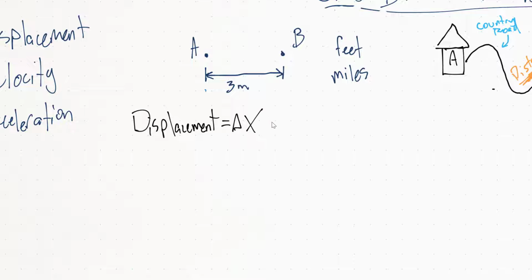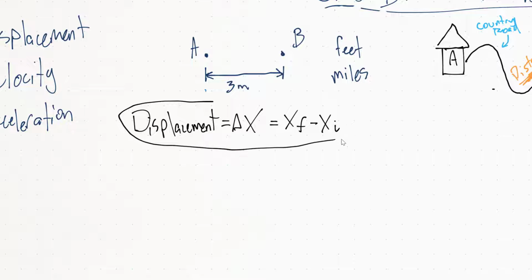In this equation, the delta symbol is used to signify the change between 2 points. X final and x initial are these 2 points in space. In our previous example, house A was x initial, while house B was x final. This equation will be very useful with velocity.